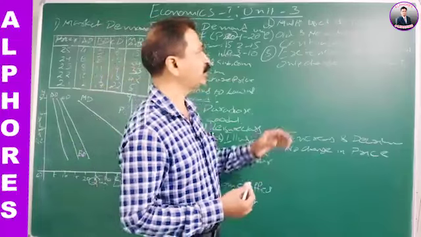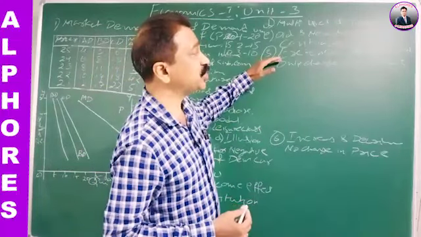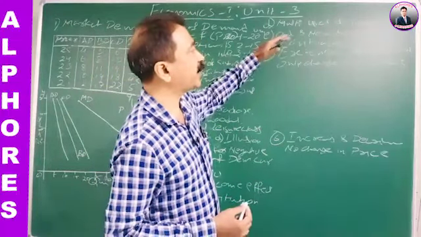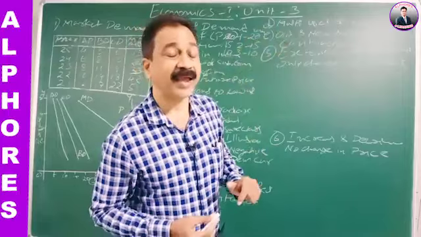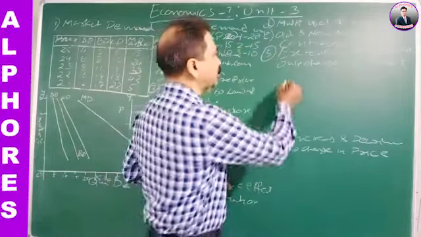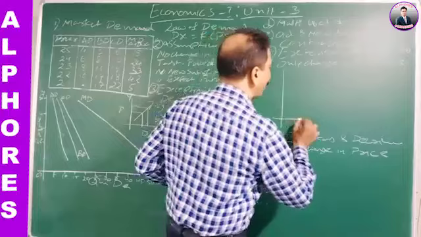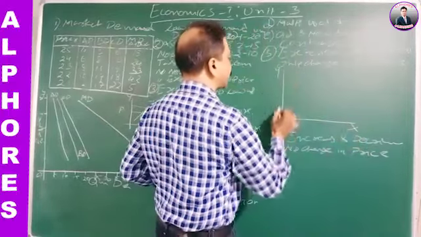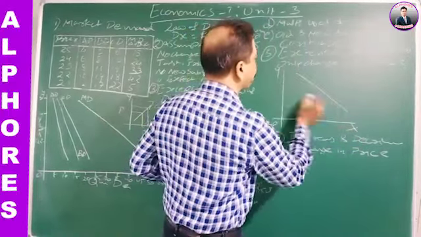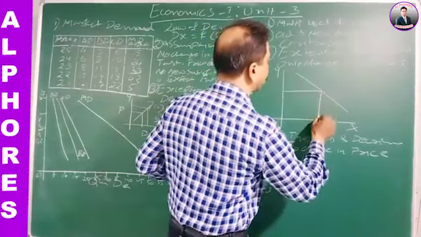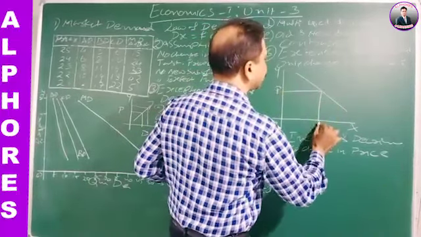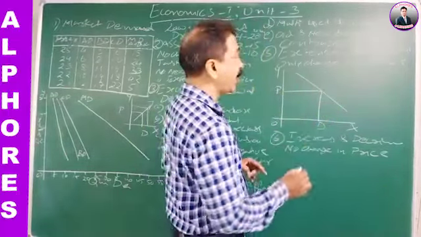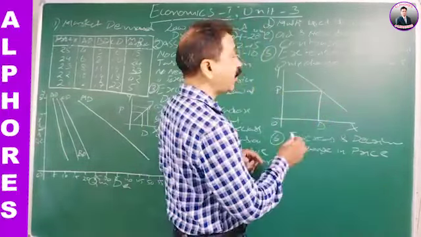Now we will enter into another concept, extension of demand and contraction of demand. Here we will see what it means, extension and contraction. This is price and this is demand, and all other things are remaining constant.